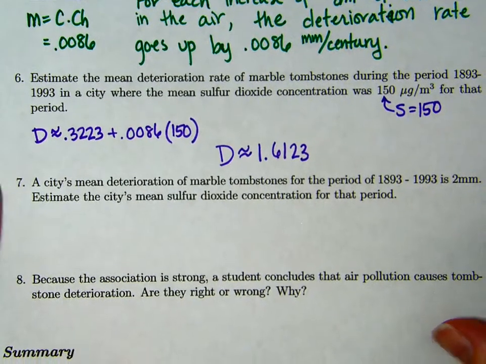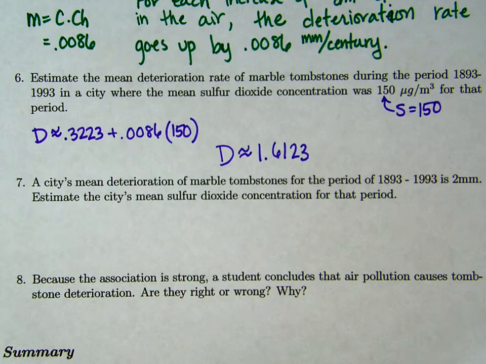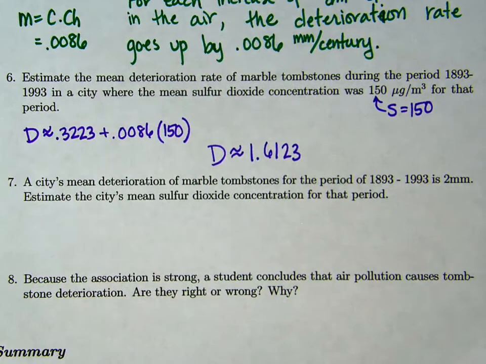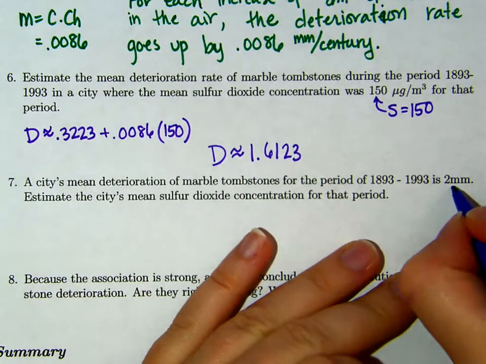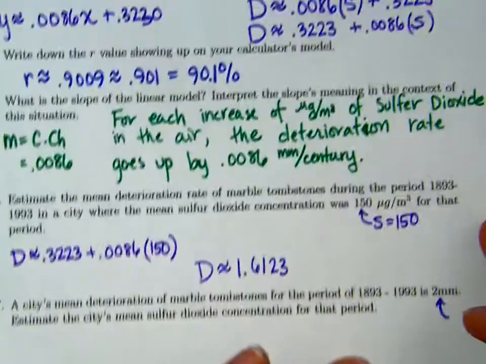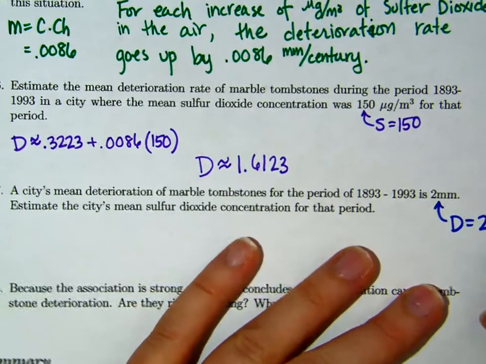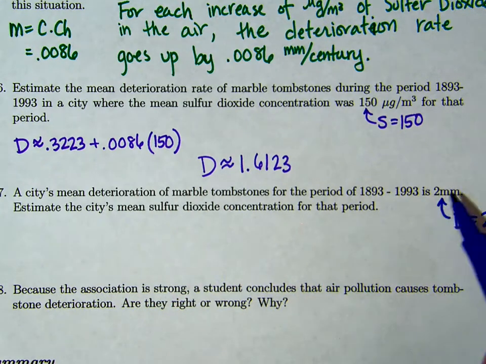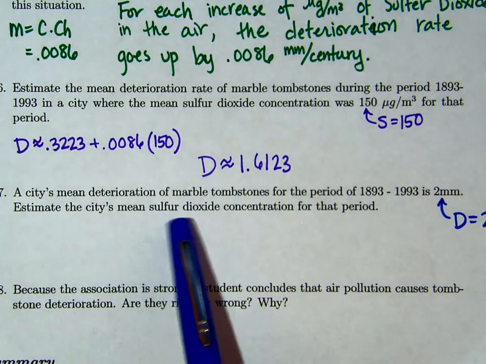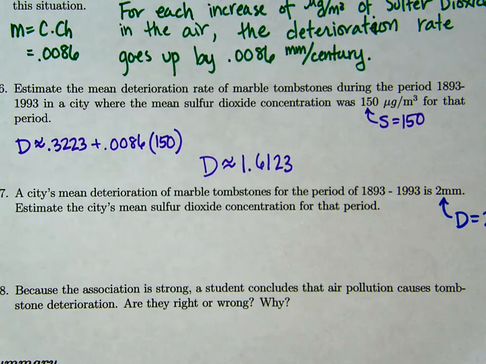A city's mean deterioration rate of marble is 2 millimeters. Okay, so now they're actually giving us the D, the deterioration. 2 millimeters per that century. Estimate the city's mean sulfur dioxide for that period.